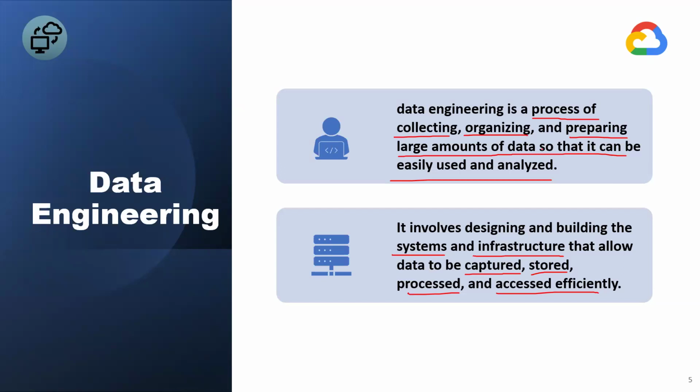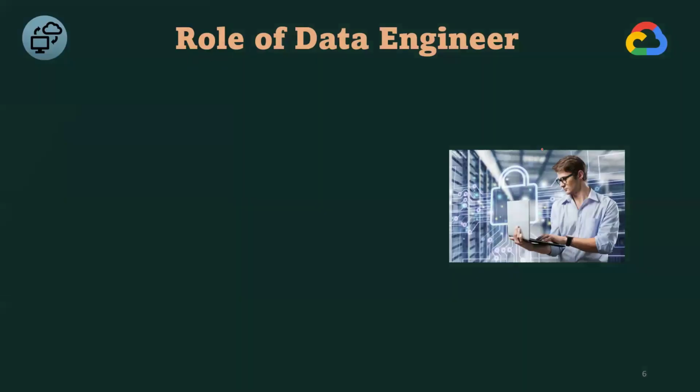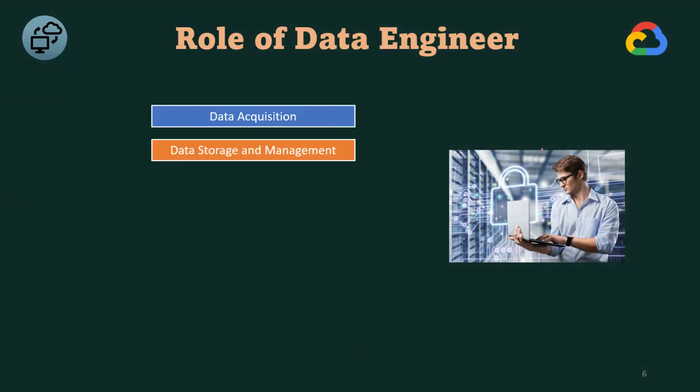As a data engineer, what am I going to work on, sir? Can you tell me the role of a data engineer? The data engineer works on data acquisition. That is nothing but data extraction, extracting the data from multiple data sources. Data storage and management: you should think about which storage tool we have to use, and how to control the access to the data.